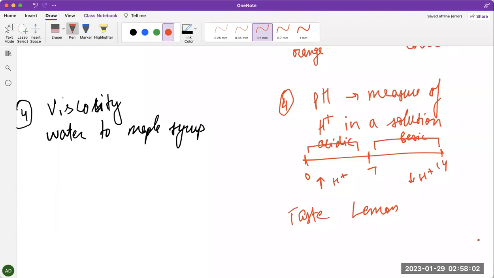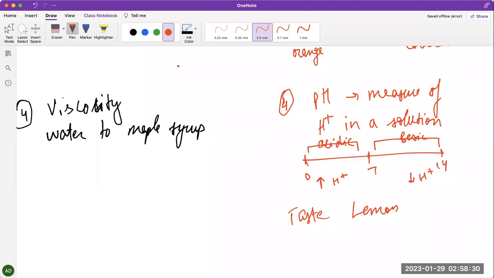Our tongue is able to detect that pH, and it is translated in our brain as something being sour. Okay, and then on the opposite end, you have something which is basic and will be bitter in taste. So our body is just responding to those different pH levels in the food. So again, those are all chemical properties.